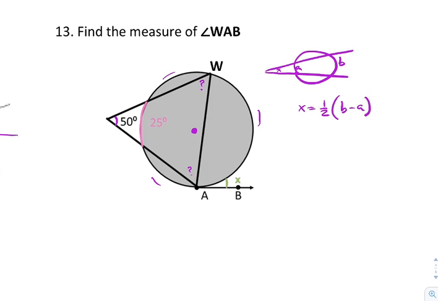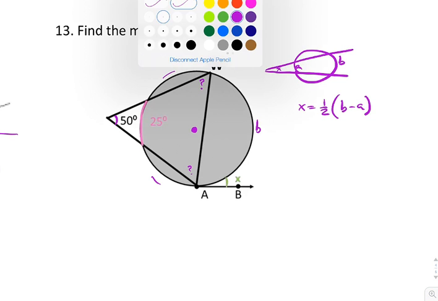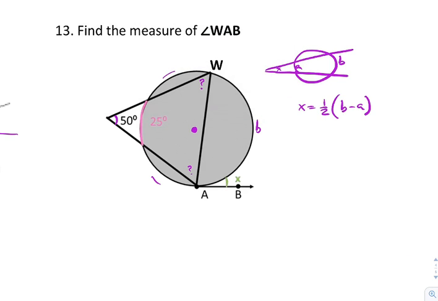So if I label this arc on this far side over here B for big arc, well, I can plug in values here. I know that the angle outside is 50 degrees, and that's equal to 1/2 the big arc minus the small arc, which is 25. So I can just use some algebra to solve for that big arc.